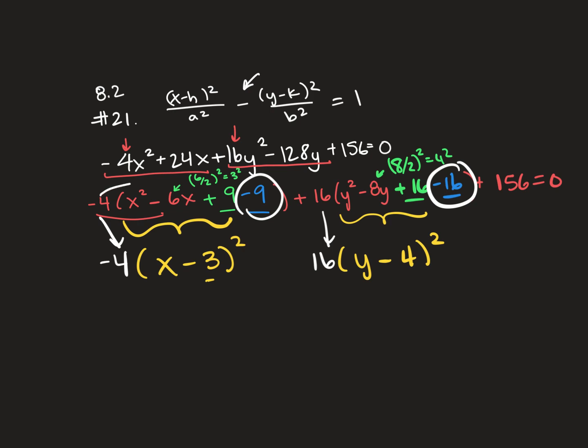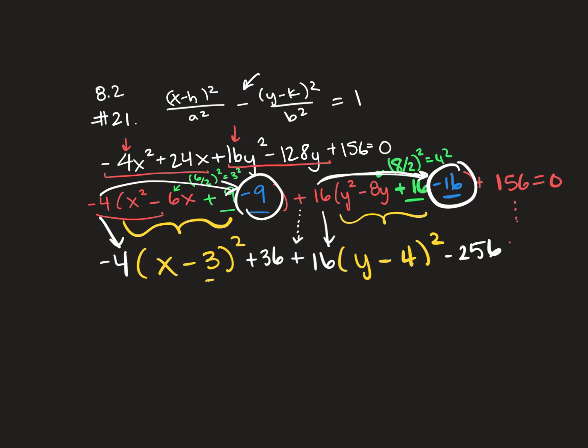It's inside the parentheses, so it actually has to distribute by that lead coefficient. So -4 times -9 is actually a plus 36. There was a plus sign here. That was just the plus 16. And 16 needs to multiply with that minus 16, which will make a negative 256.